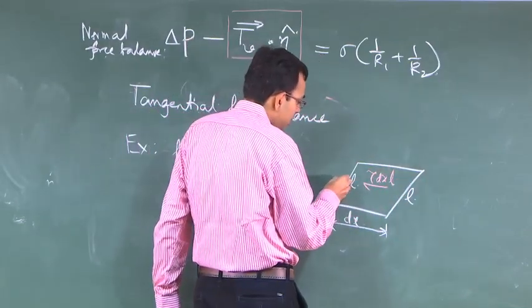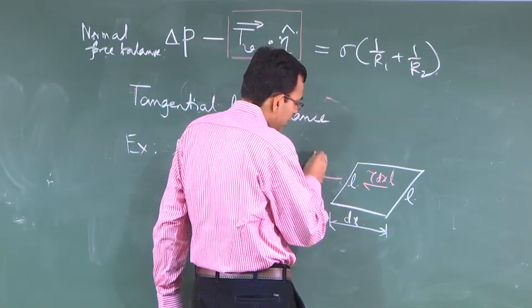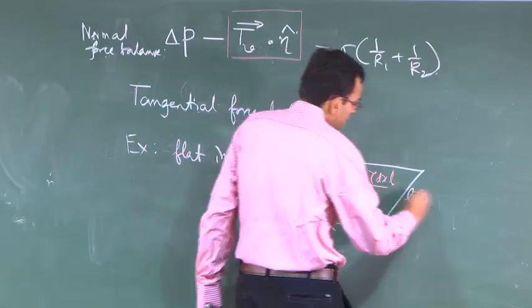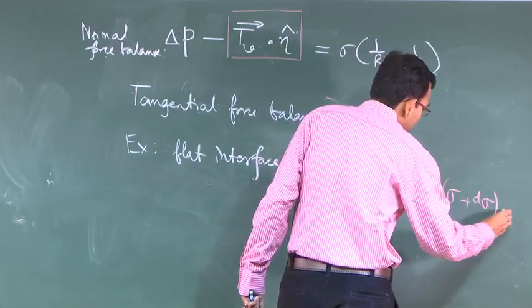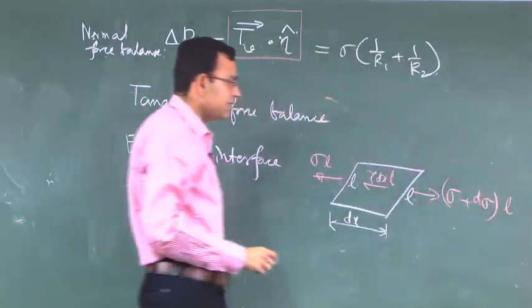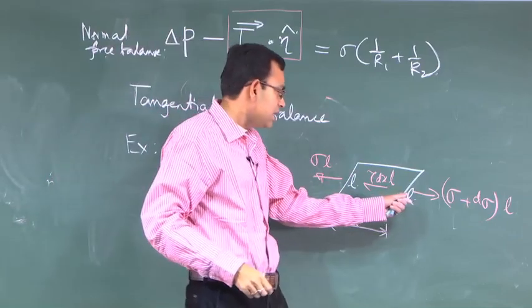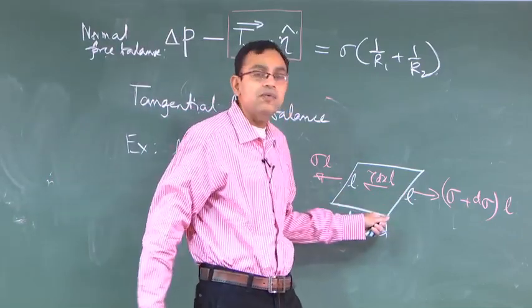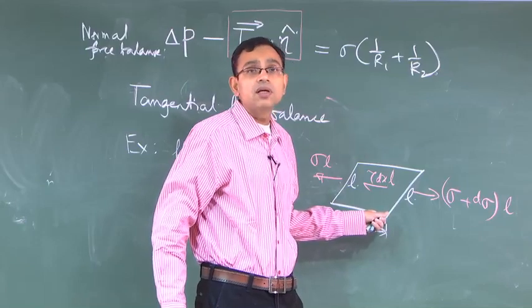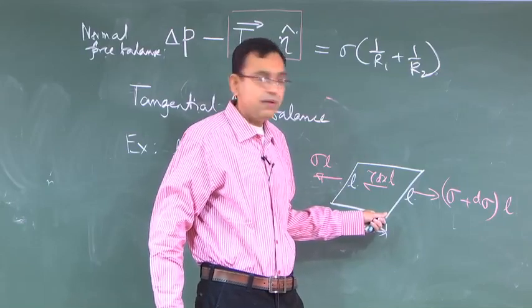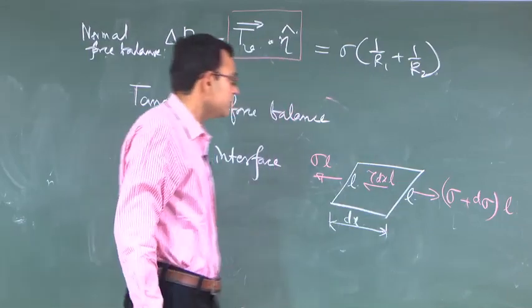What about the surface tension force? So, here it is sigma into L, here it is sigma plus d sigma into L. So, how can sigma change? The surface tension can change, maybe because from here to here you have a temperature gradient. This is known as the Marangoni effect. So, you have a change in surface tension due to a change in temperature.